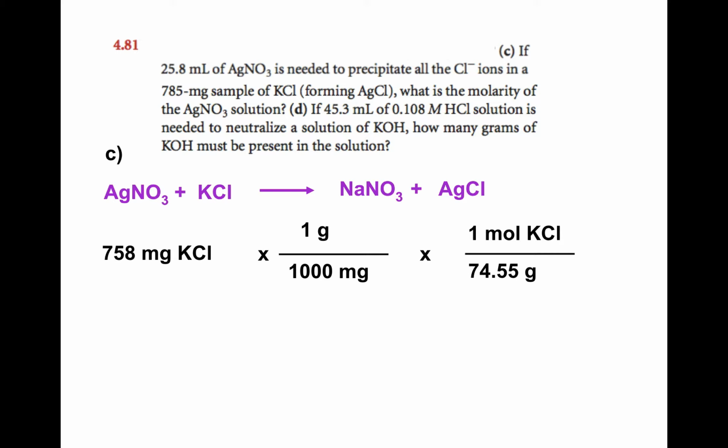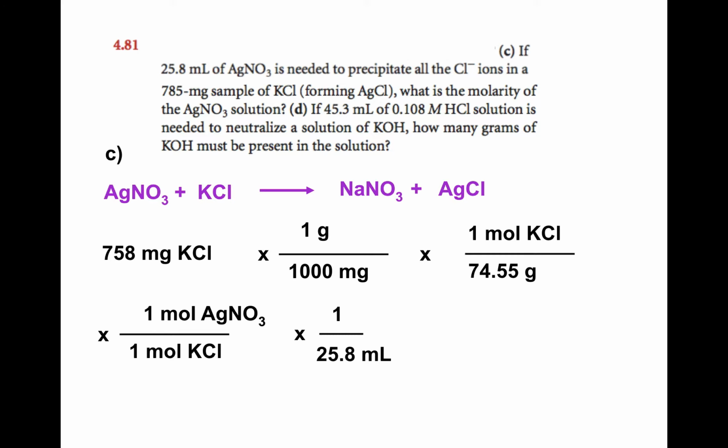Then we can use the balanced equation, right? For every 1 mole of potassium chloride, there's 1 chloride for every mole of potassium chloride, you need 1 mole of silver nitrate. Now we're in moles of silver nitrate. Now we go back and we say, okay, so they wanted us to get to what the molarity is, and we had 25.8 milliliters. So if we divide moles by, well, we need it in liters, right?